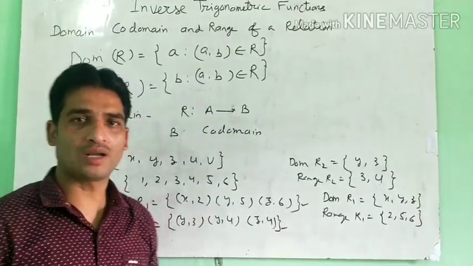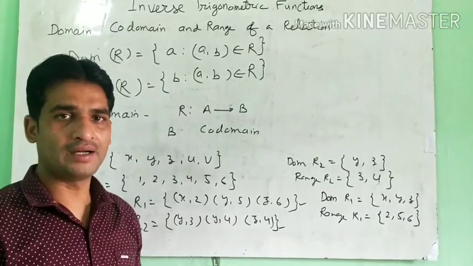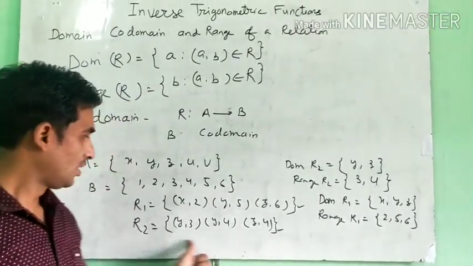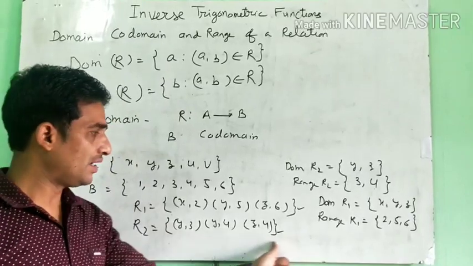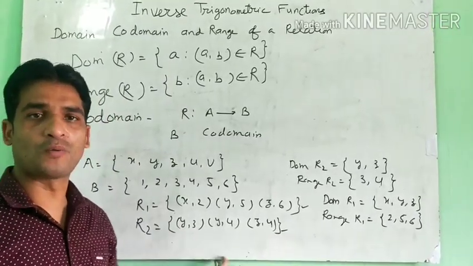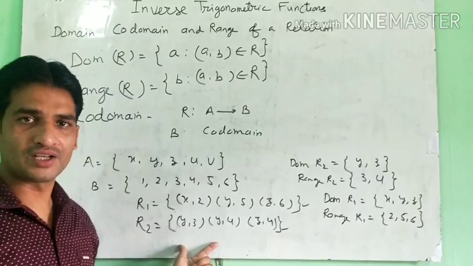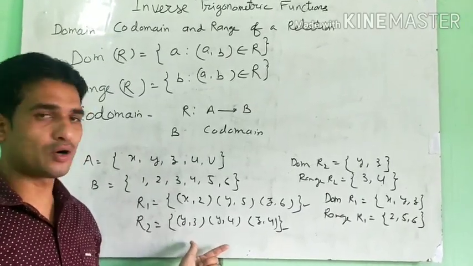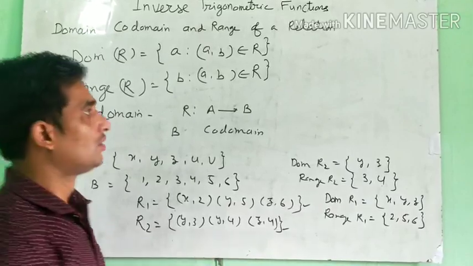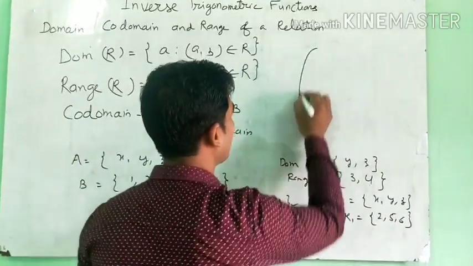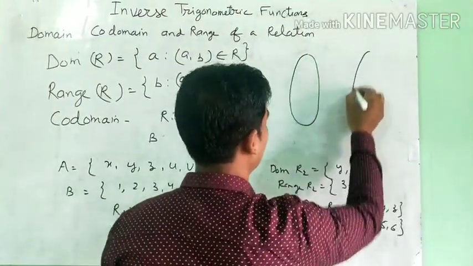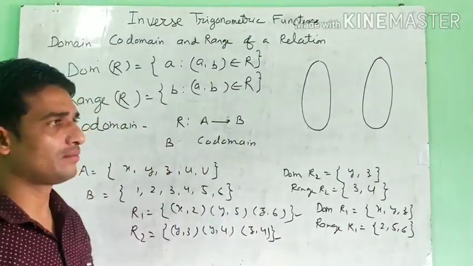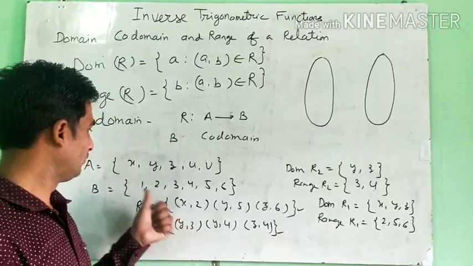There is another method to represent a relation. The method we used is known as the roster form. Now I discuss the arrow diagram. Suppose I represent the relation R1 by an arrow diagram.